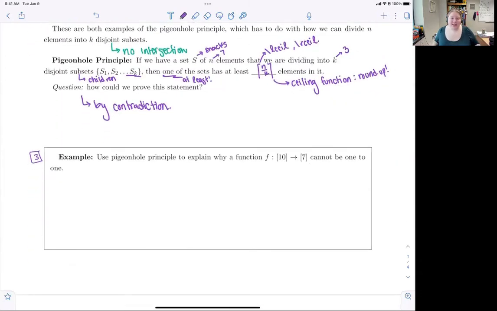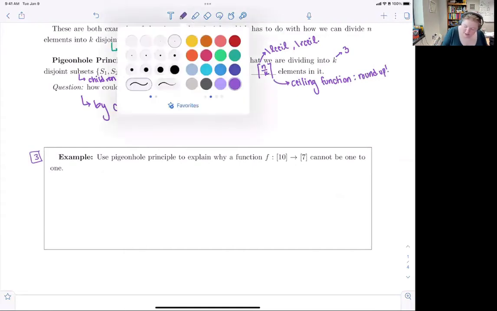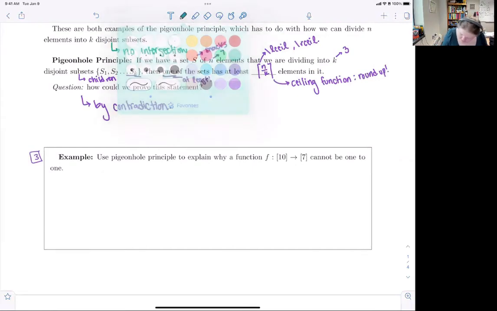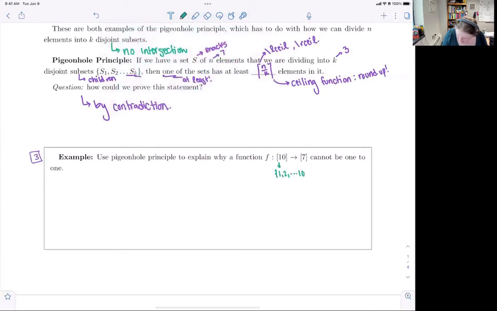So let's try using this now that we know where we're going, and maybe don't have to draw all those examples out every time, but rather can lean on the statement. So use the pigeonhole principle to explain why a function f, which maps from the set of numbers 1 to 10, right? So this, remember, is 1, 2, ..., 10.